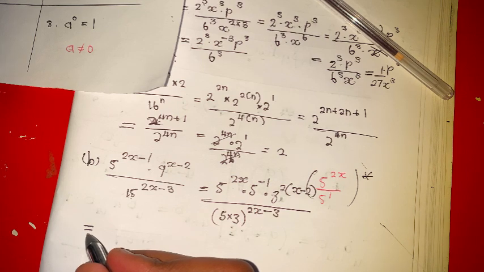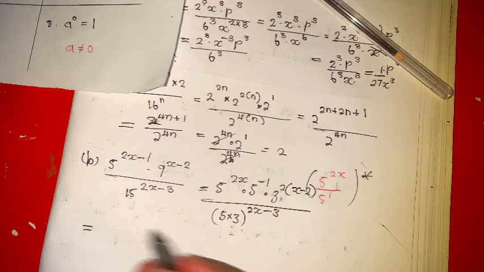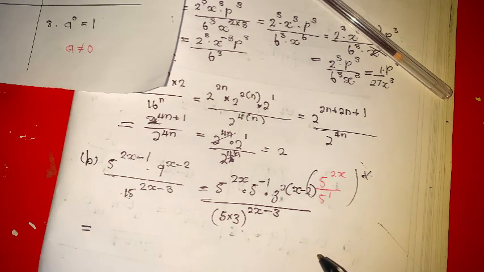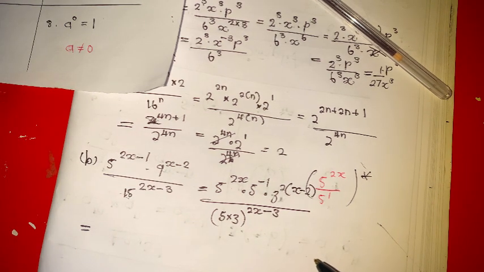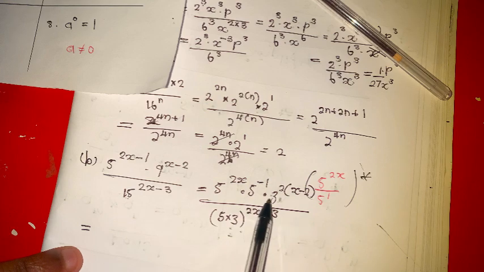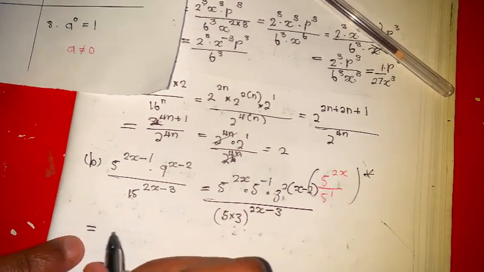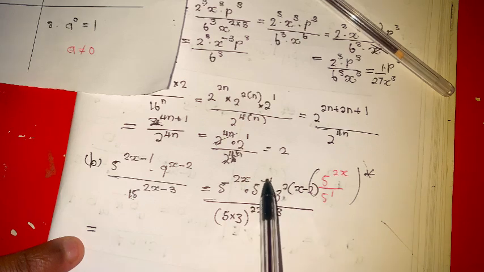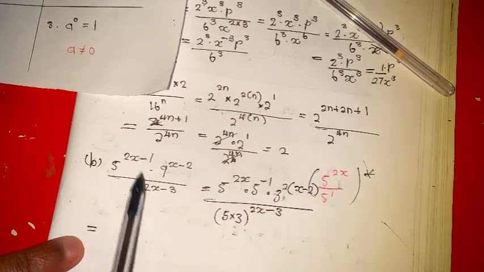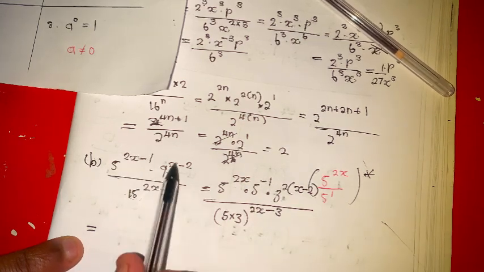Then what you do next is that you will simplify it further. So here, what you can do is that you can leave it like that and subtract the exponents of the bases that are the same.